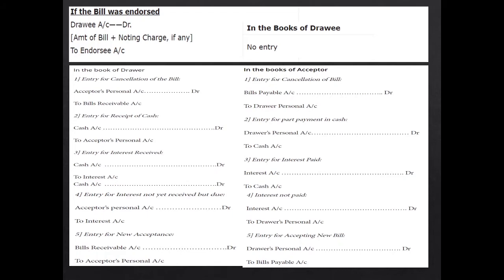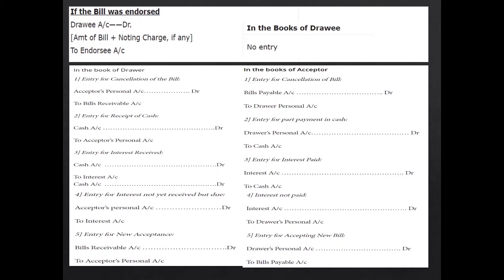Old bill is cancelled: acceptor drawee account debit to bills receivable account. Old bill is cancelled: bills payable account debit to drawer account. Part payment is received: cash account debit to drawee account. Part payment is made: drawer account debit to cash account. If any interest amount is received: cash account debit to interest account.